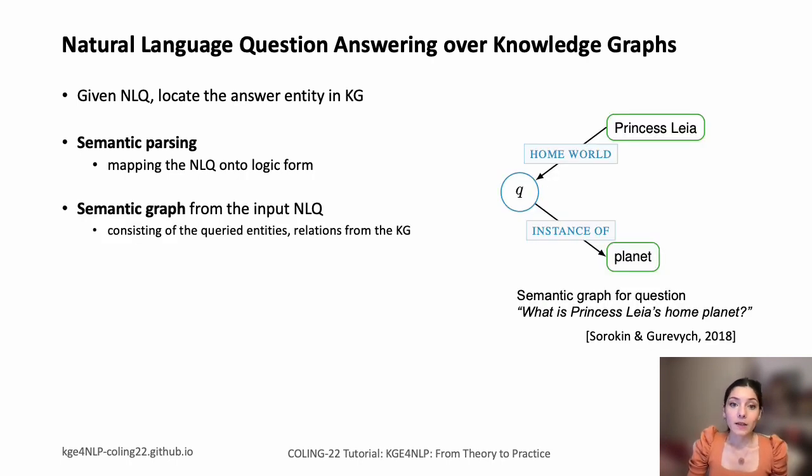A common technique is to represent the natural language question in a structured form with a semantic graph or the query graph, and then evaluating the answer entities on that representation.